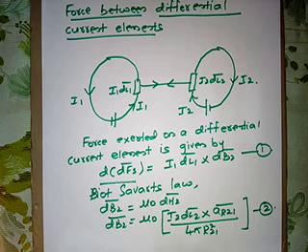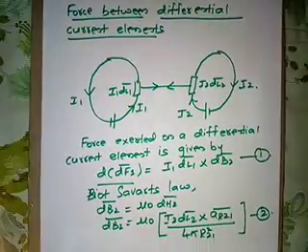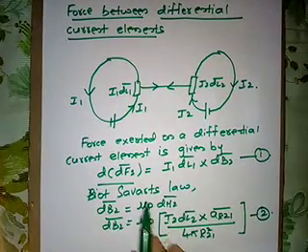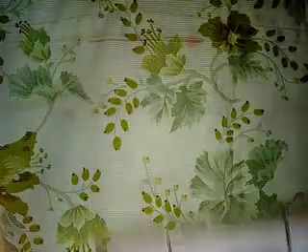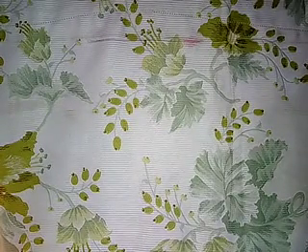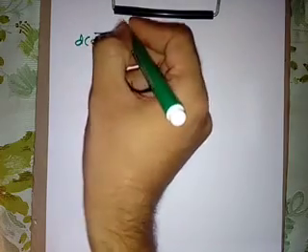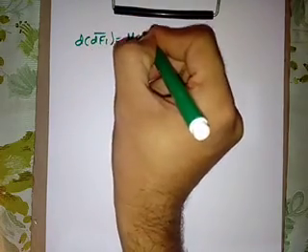Now substitute the value of dB2 bar from equation 2 in equation 1. So we get d of df1 bar equal to mu naught, which is constant, so I will take it outside.